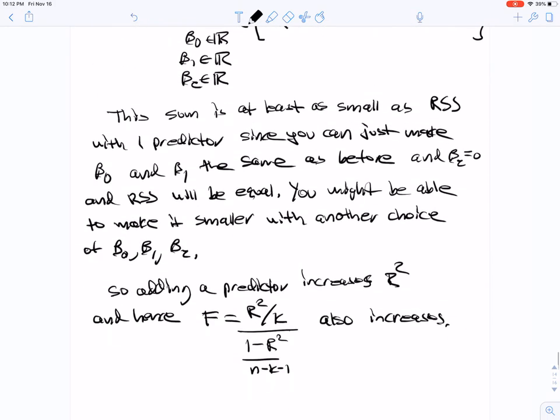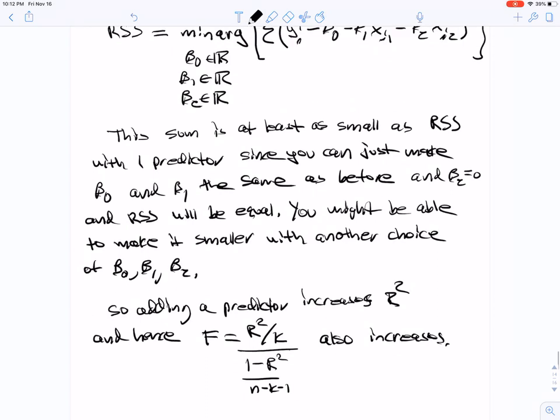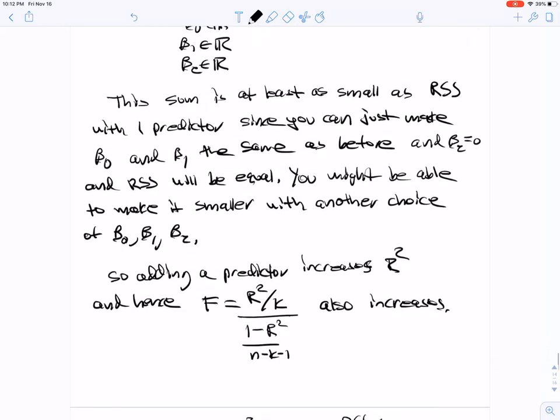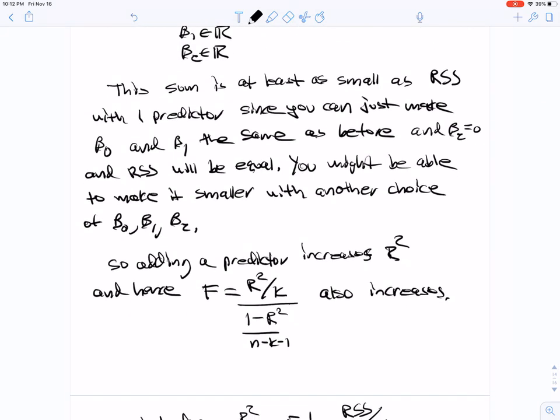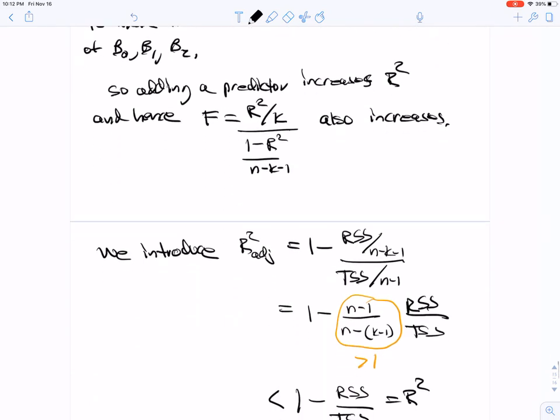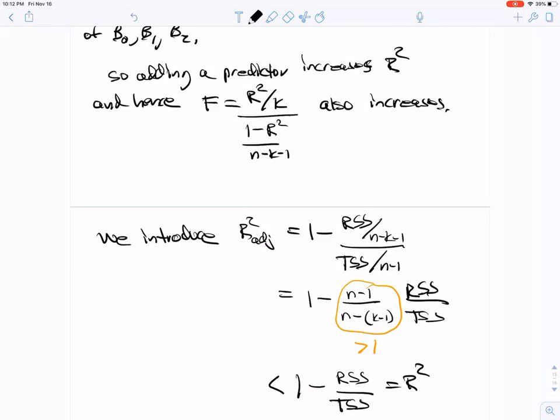So adding another parameter, there's no way that you can get a larger RSS. You have to get a smaller RSS, and hence r squared will get closer to 1, and hence F will also increase.